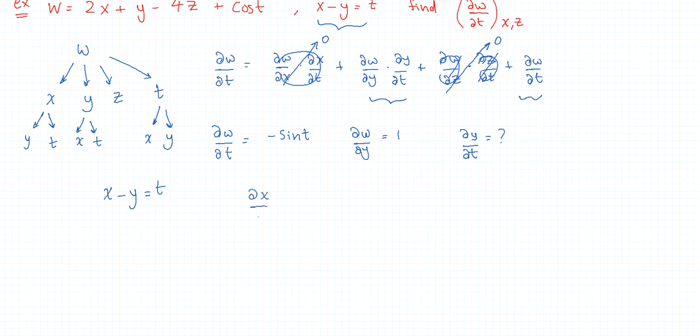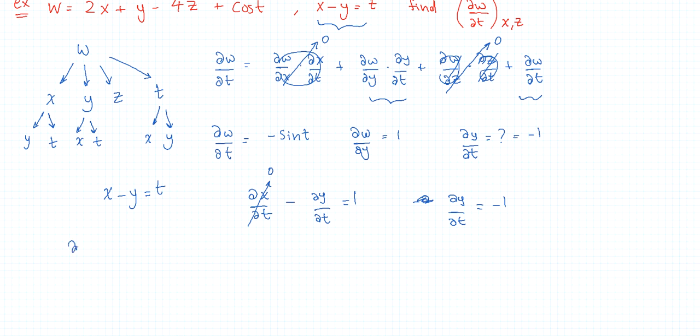So dx dt minus dy dt is equal to 1. And we know that x is fixed, so the value of x doesn't change. Therefore, even if we change the value of t, x is going to be the same. So this thing goes to 0. And we end up with dy dt is equal to negative 1. So now we know this is equal to negative 1.